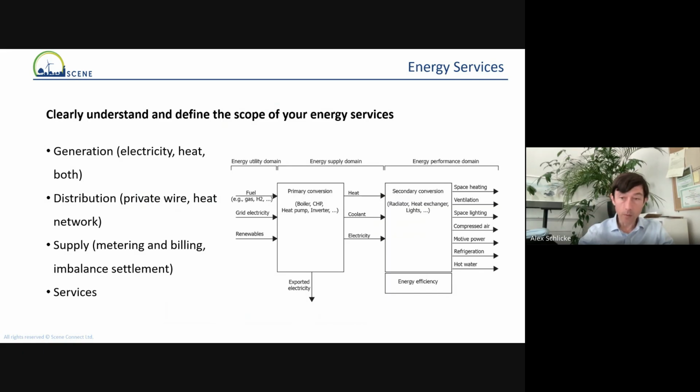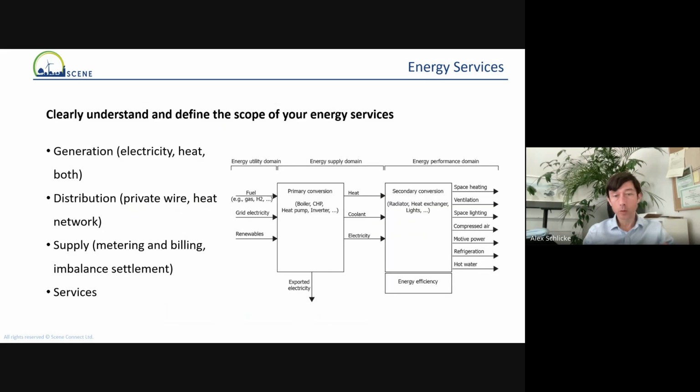You've got EV charging facilities being provided. The energy services that the ESCO could be providing can be quite broad. The diagram here explains schematically the different domains in which the energy services fall.